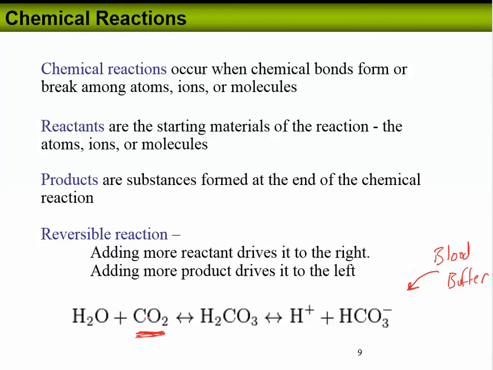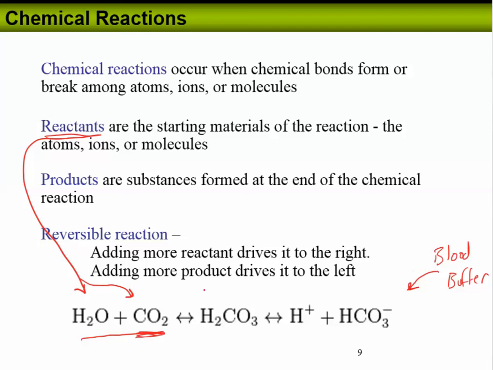But you can see here, as your carbon dioxide levels build up, you get more and more carbon dioxide, and it's going to react with more and more water. We call these first molecules the reactants. So water and carbon dioxide are the reactants.